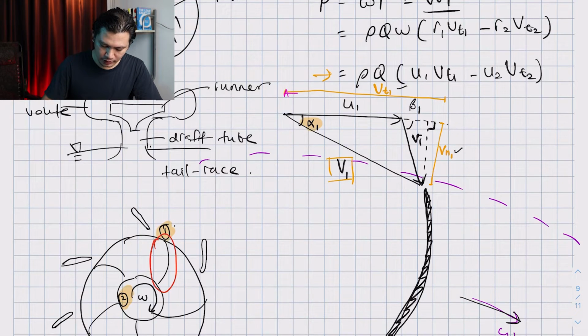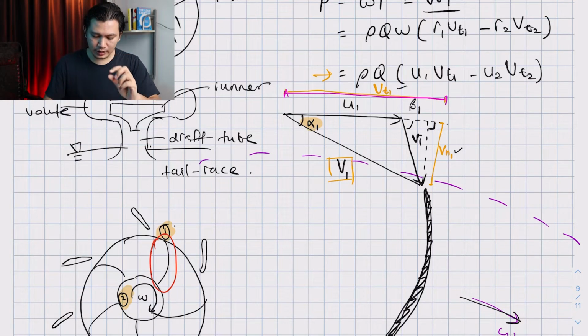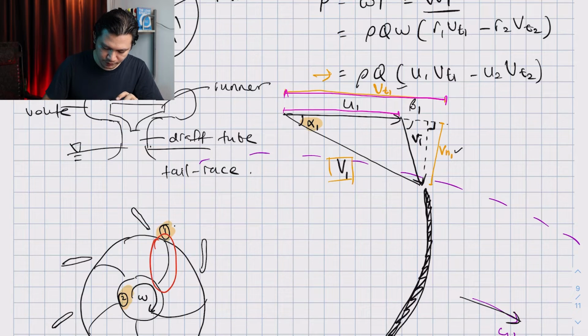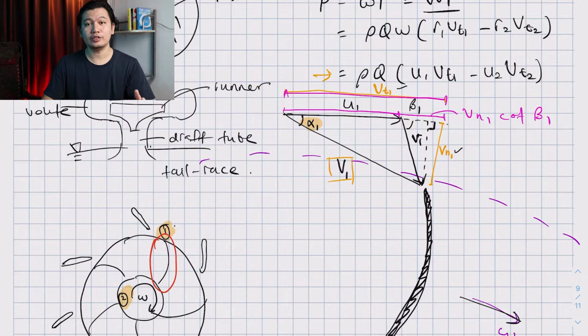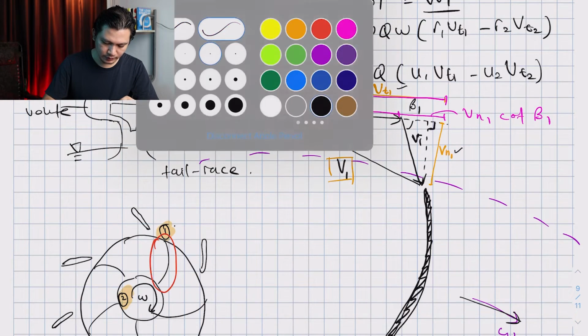Vt1 is spanning the whole distance here. So Vt1 is actually the addition of U1 plus whatever this distance is, and this distance is Vn1 cotangent beta 1, if you notice. So I'm going to write it here.